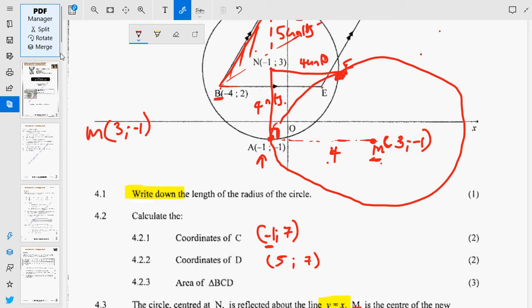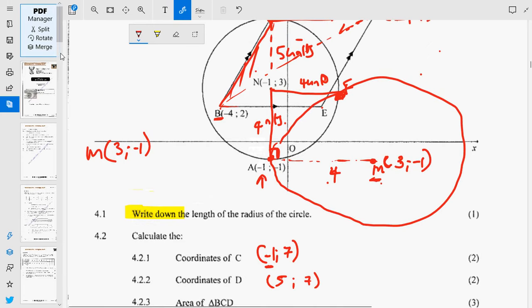Sorry, it's supposed to be 4 units. So already you can see what is happening here. This is 90. Now I won't explain much yet because this is an exam review, but essentially what you have here is a square.